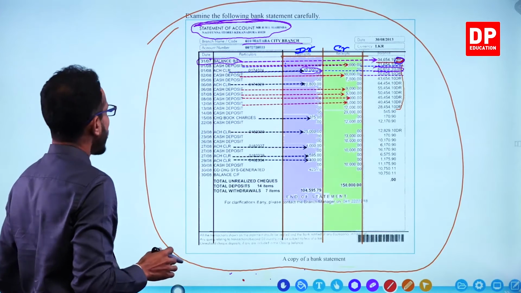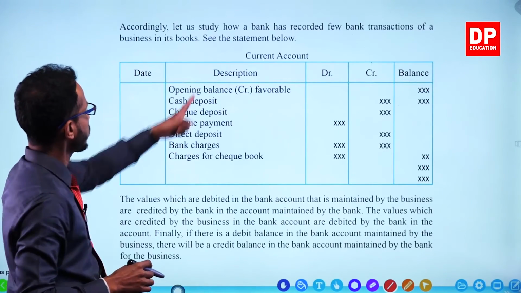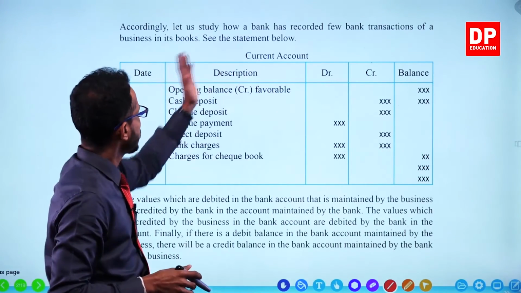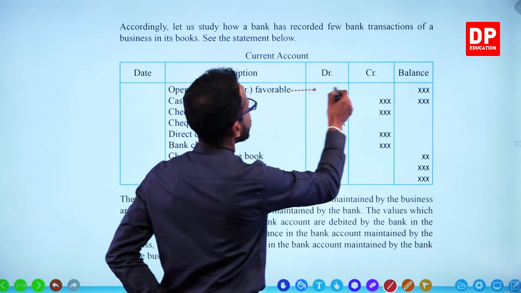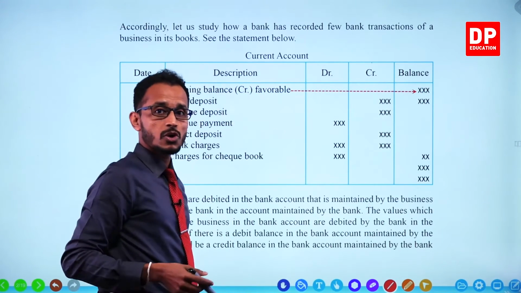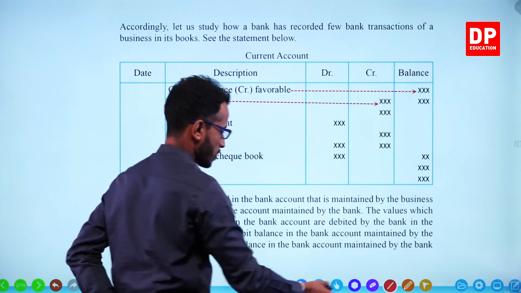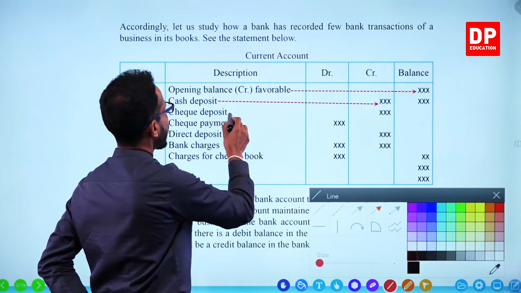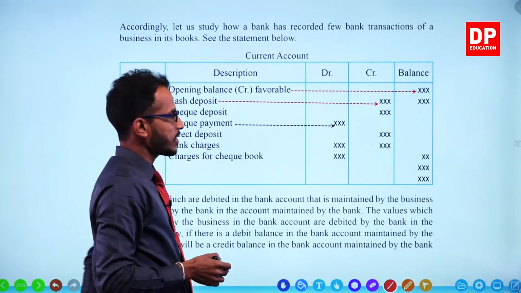All right, children. The bank statement, as shown here, gives you a better, clearer idea because the balance is shown in the balance column. Then cash deposits are credited and cash payments are debited. Get my idea, right?